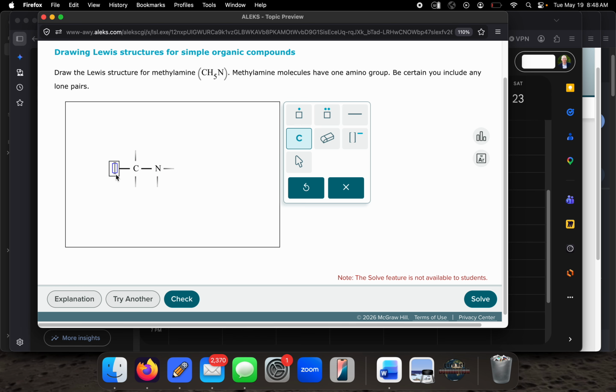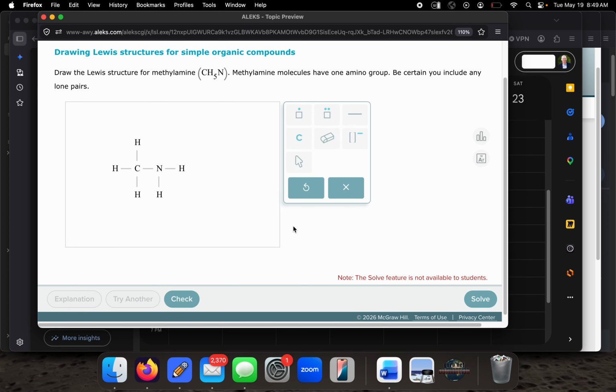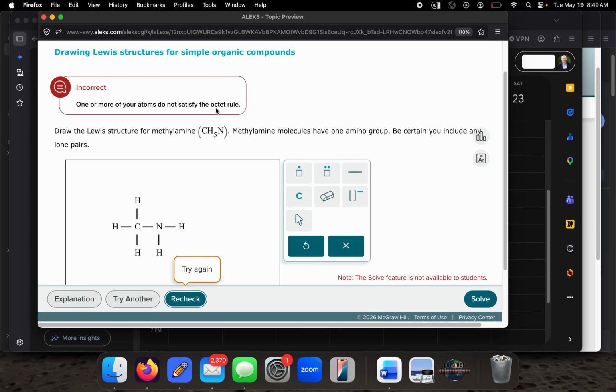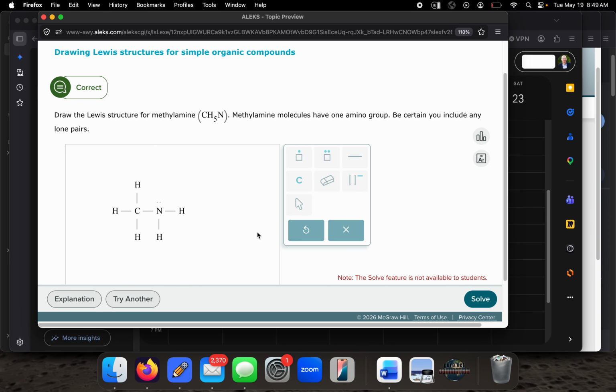I'm going to leave the lone pair off of that nitrogen and see if I get penalized for that. Check. Yep. It does not satisfy the octet rule. It wants that there. Let's go here. Recheck. Okay.